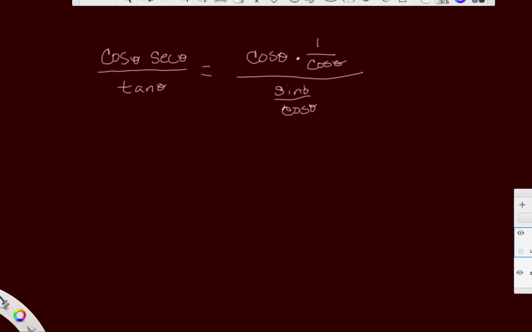And theta. All right, so let's go ahead and simplify the top first. Cosine times 1 is cosine. This is like a fraction over 1. I don't know why I have to write this anymore. You should already understand that. These two things give me cosine over cosine, which equals 1.